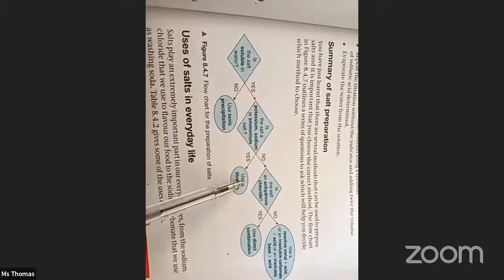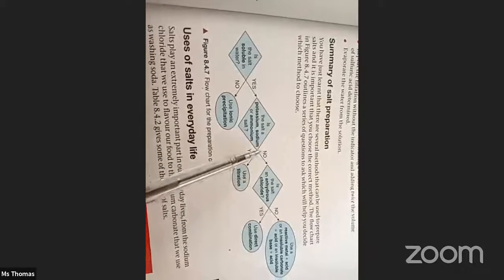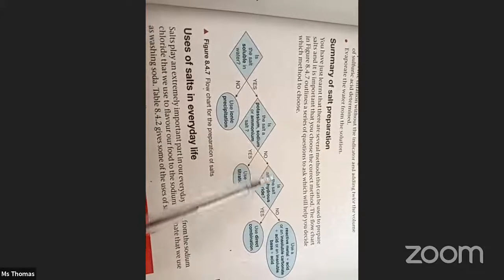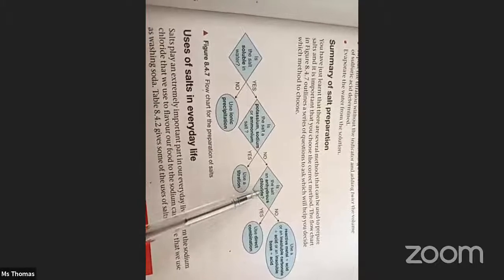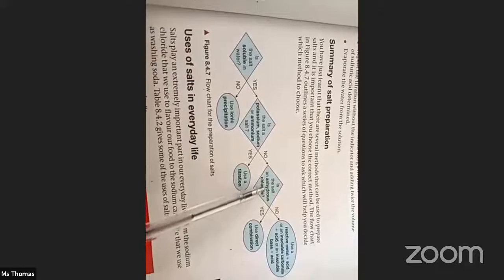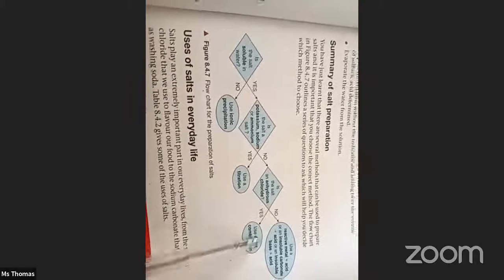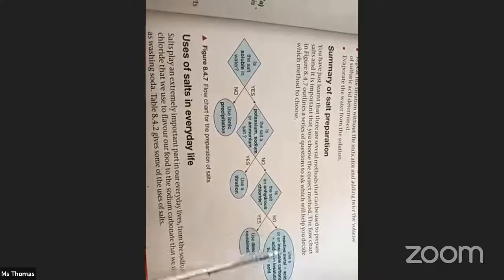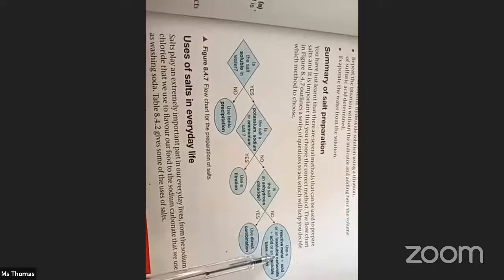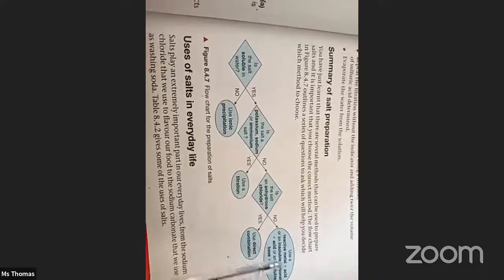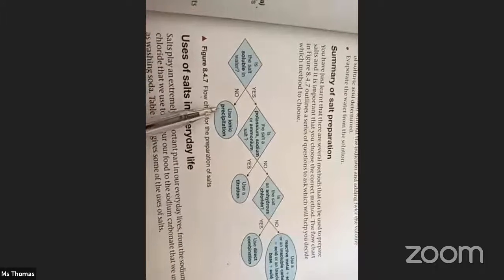Is that clear? Yes, miss. If it is not SPA, you're going to ask yourself, do you want it anhydrous? If you want an anhydrous salt, yes, you use direct combination. If not, then you use the metal, the insoluble carbonate, or base to make your salt.